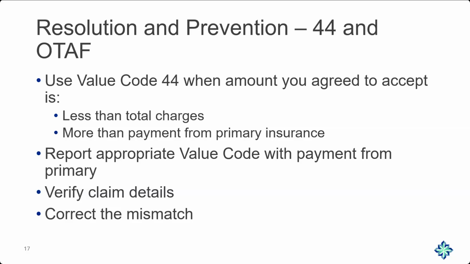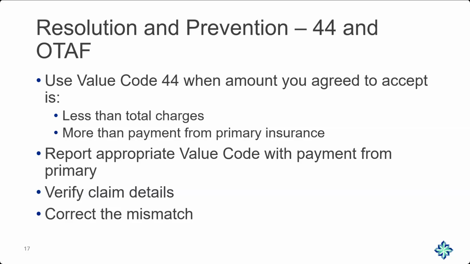So now that you have that information, you can verify the details of your claim. Go back and look at your claim. If it's in return to provider status, that TB9997 location, you can correct it. If it's been rejected, you can do an adjustment to change it.